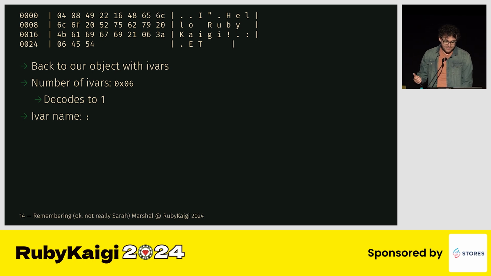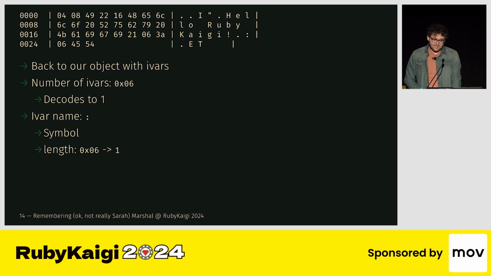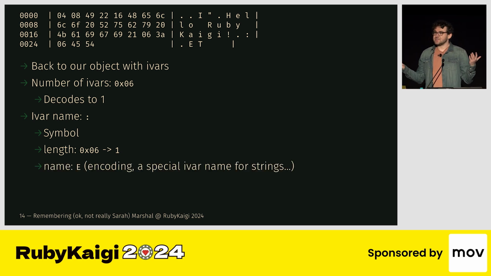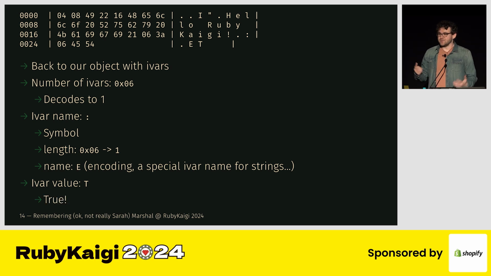Colons mean symbols. And the length of it is 1 byte. And the name of the instance variable is E, which on a string means encoding. It's a special instance variable name that you can only set on strings, because notice what's missing. There's no @ sign. And then the value of the E instance variable is a T, which means true.